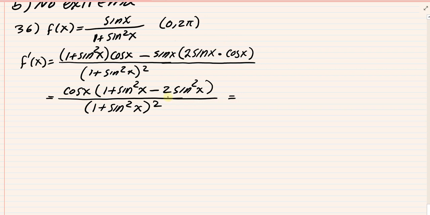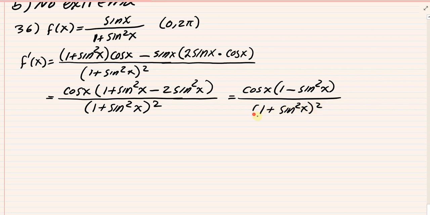Now we have a couple of like terms in parentheses in the numerator, that's 1 minus sine squared x, over 1 plus sine squared x, squared.